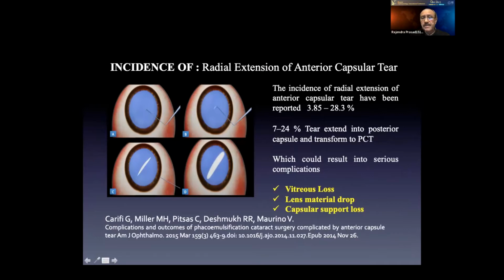But what is more important in these cases is that in up to 7 to 24% of the cases, the tear extended to the posterior capsule and transformed into a PCT, which could result in a serious complication, as Dr. David has just shown. We could have a vitreous loss, lens material drop, or capsular support loss, so that we couldn't place the intraocular lens into the capsular bag.